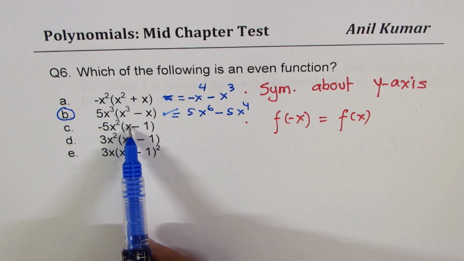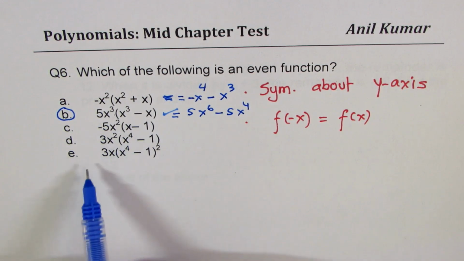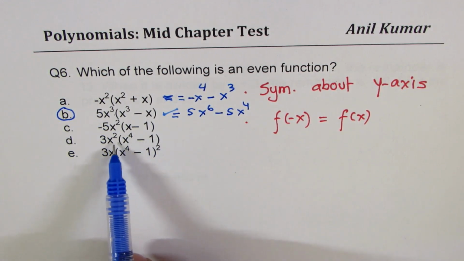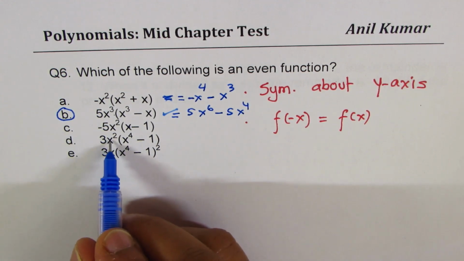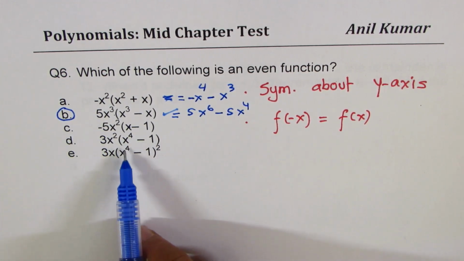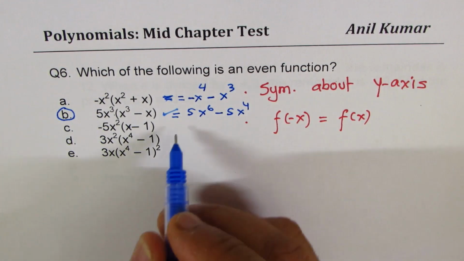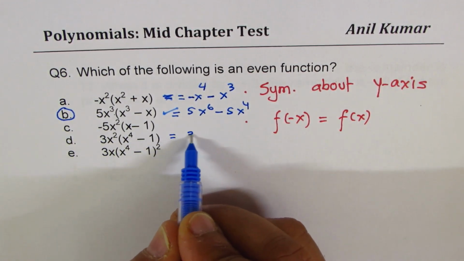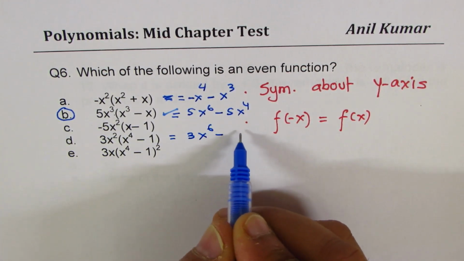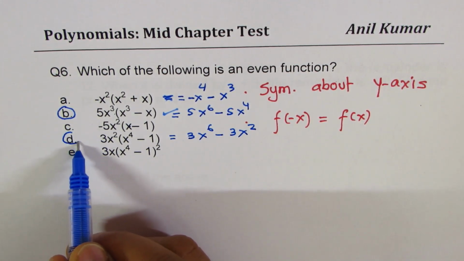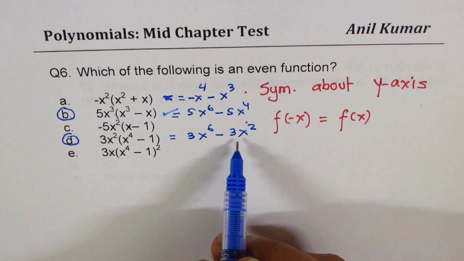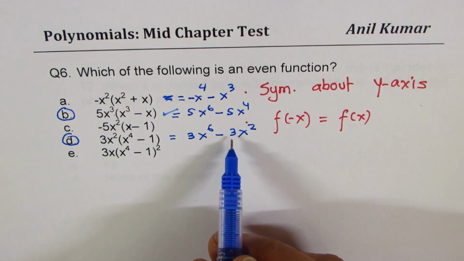If you do the same here, you get an odd term, so it is not even. Here we have x to the power of 4 minus 1, so this could also be even. We have 3x to the power of 6 minus 3x squared. Now this function is also even. So in this particular case, we have two even functions.